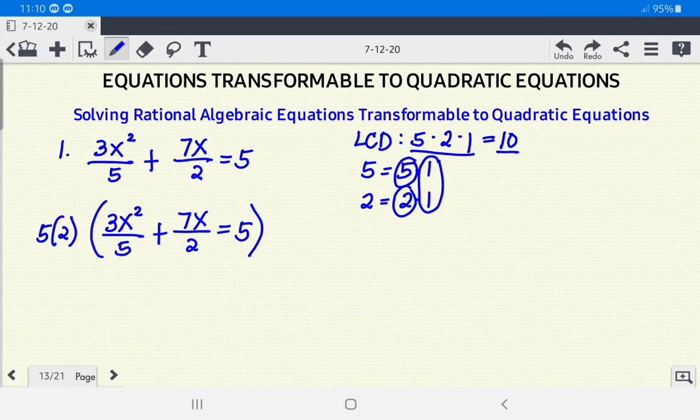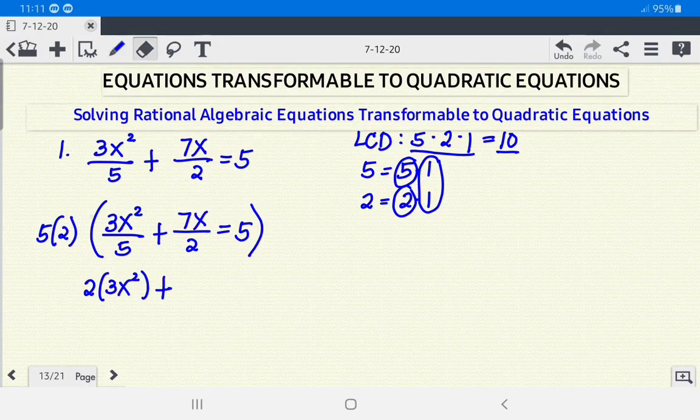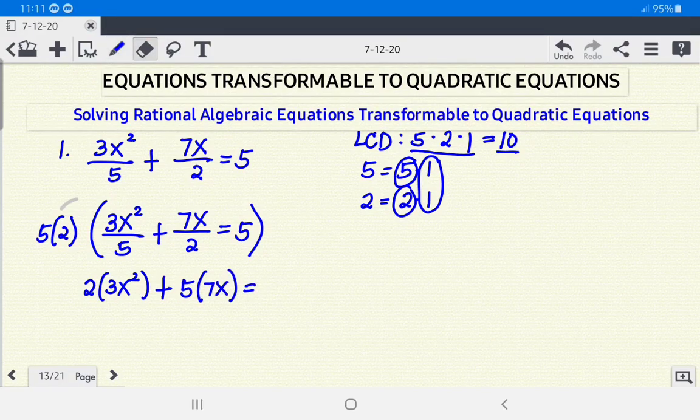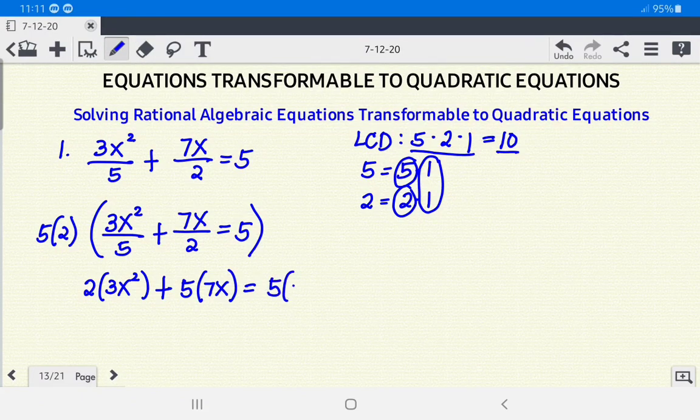Then we have 2 times 3x squared, plus 5 times 2 times 7x over 2. We can cancel 2 because 2 divided by 2 is 1. Then we just multiply 5 and 7x, equals 5 times 2 times 5.